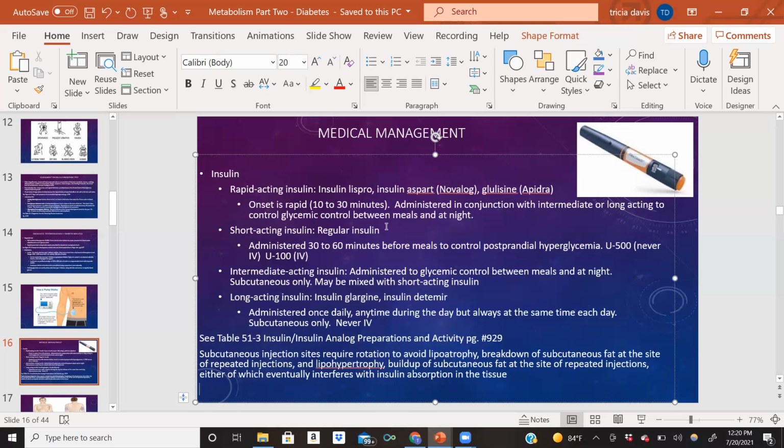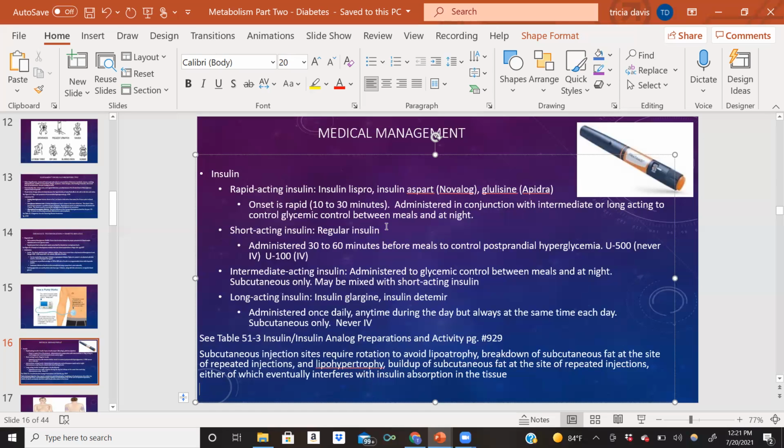We can also give a short-acting insulin, which is regular insulin. This is going to be administered 30 to 60 minutes before meals to control that postprandial hyperglycemia. So postprandial means after meals. Usually, this is going to be a U500, which you would never give U500 insulin through an IV.